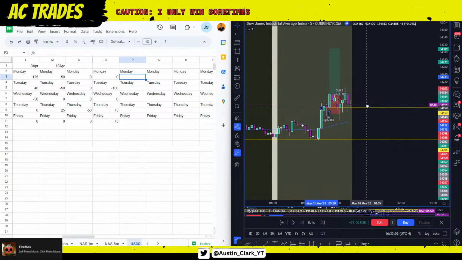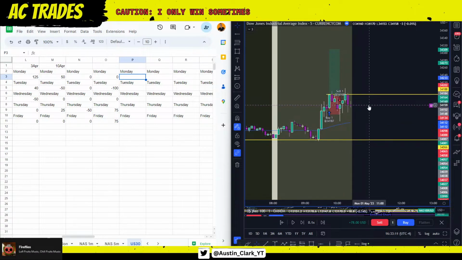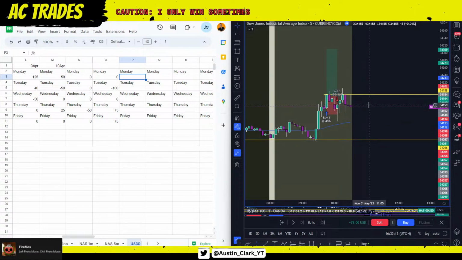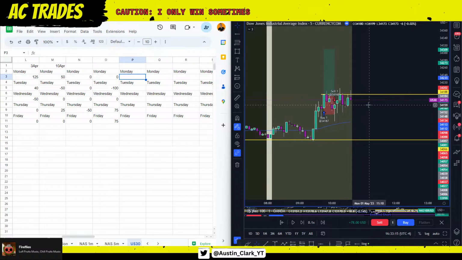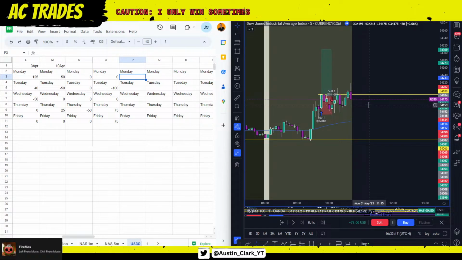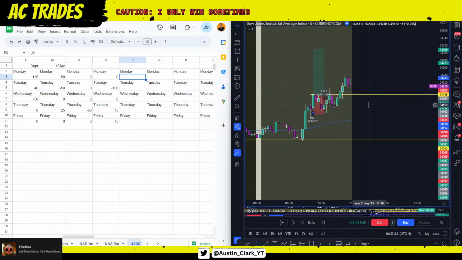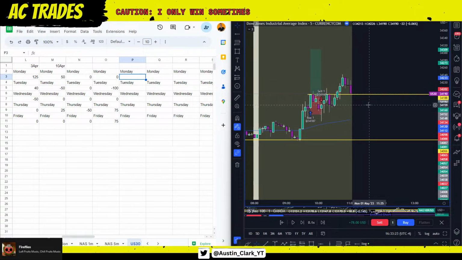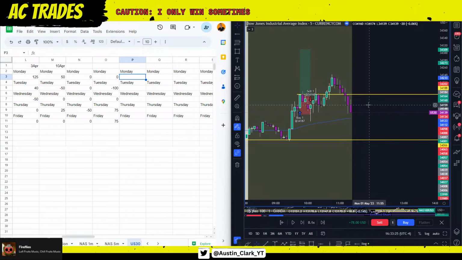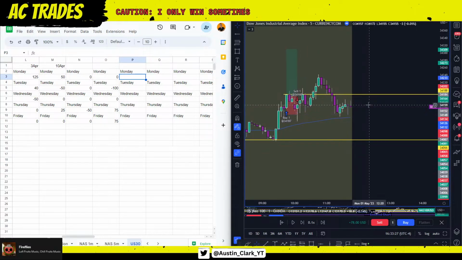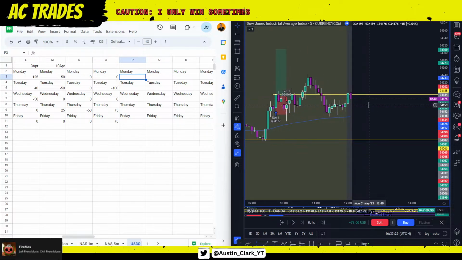All right, so it's forming a newer high, so we're going to move that up here. Don't like that candle. Don't like any of these candles. Coming back in the range. I like how it's going so far.